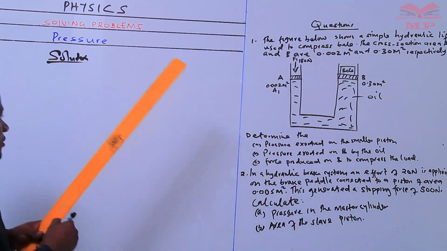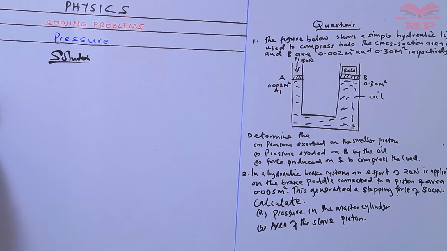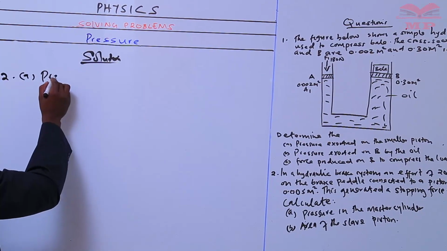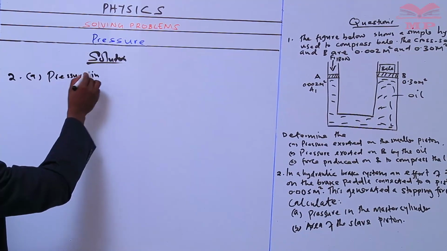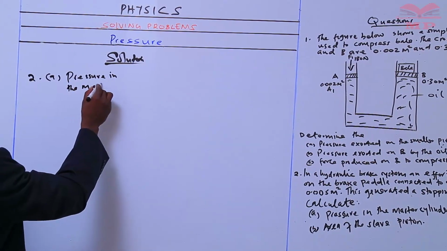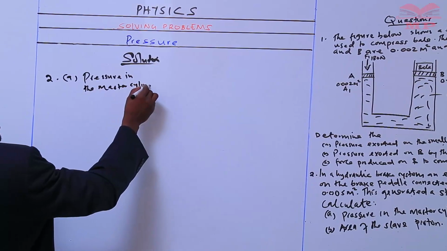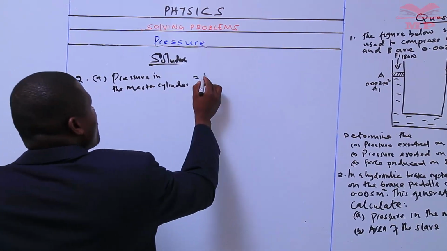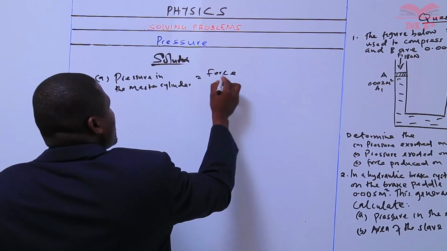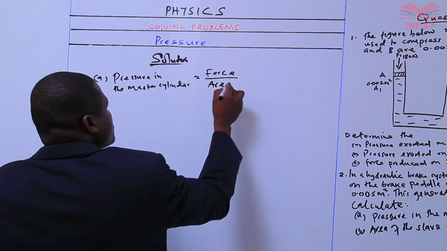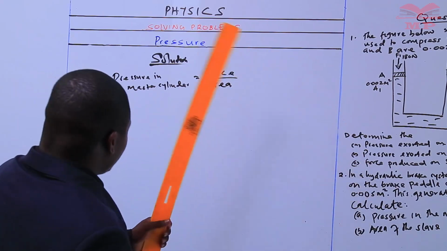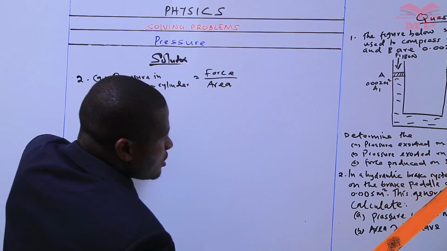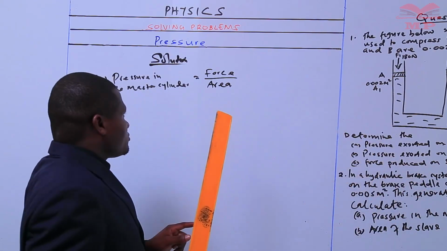Now, when you want to simplify it, that is question 2, A. So, pressure in the master cylinder is equal to force over area. As I have said, the master cylinder is connected to the brake pedal.